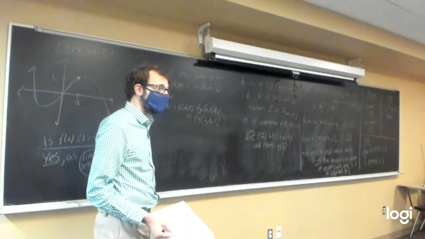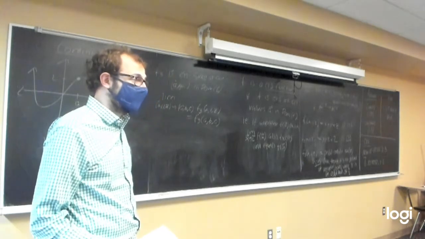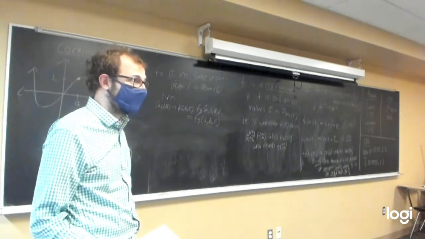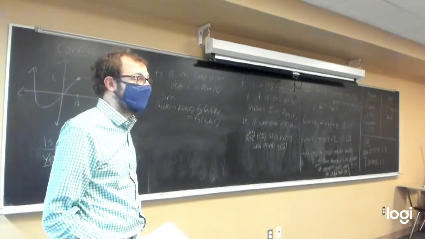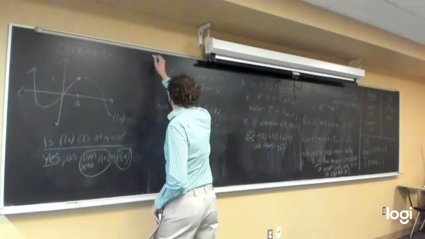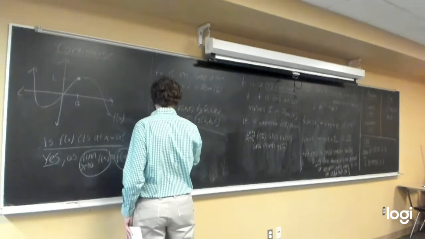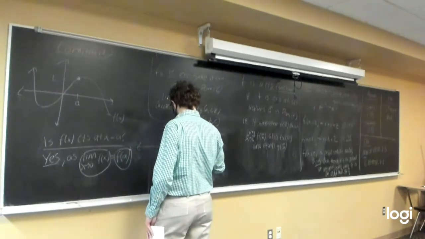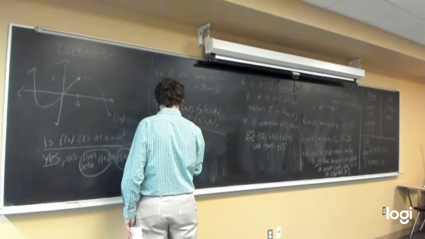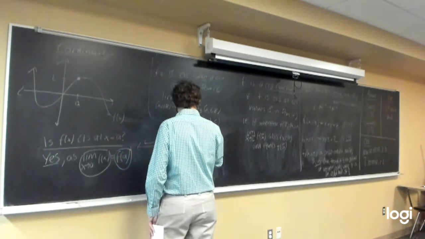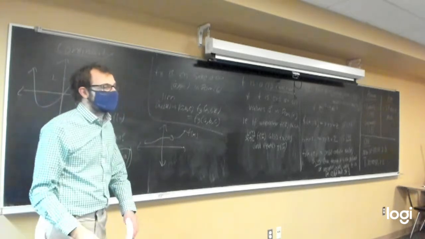Hmm, so why is this different than when we have a hole in our graph? A discontinuity? Yes. It's a good question. So let's take a look at this function really quick. Let's say this is our f of x.